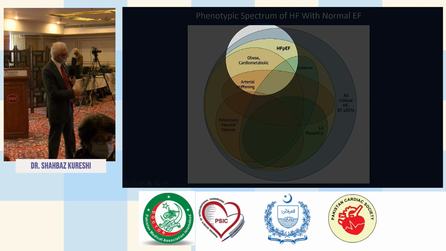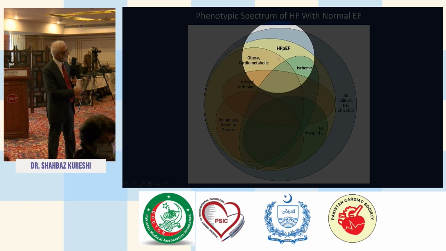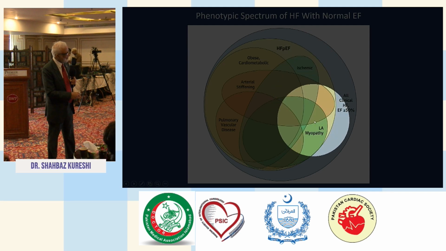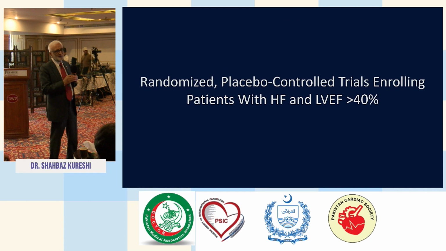And you have the different phenotypes: obese, cardiometabolic, heart failure with preserved ejection fraction, ischemic, LA myopathy. As the left atrium dilates, it becomes myopathic. That is why they develop atrial fibrillation.